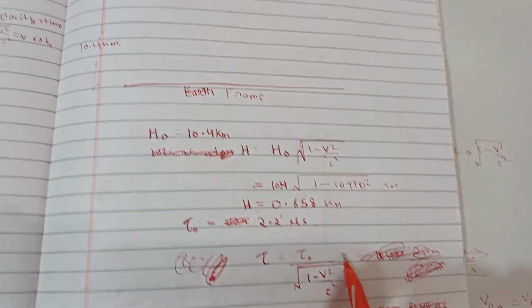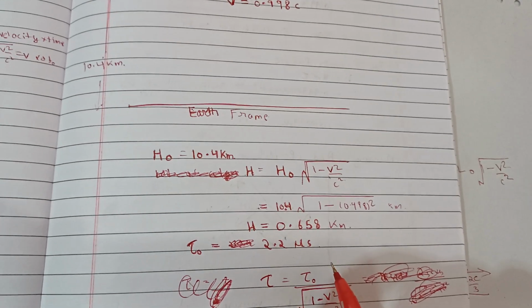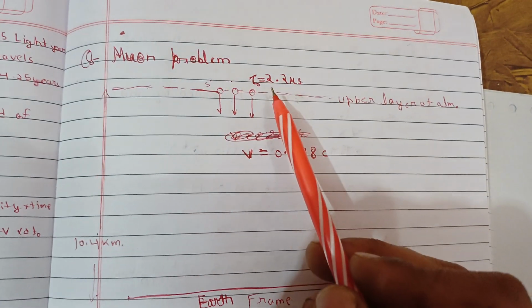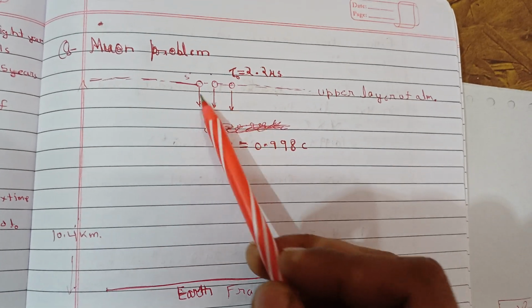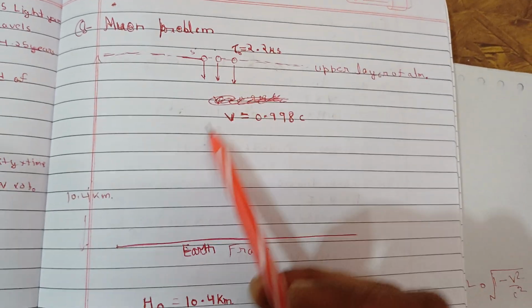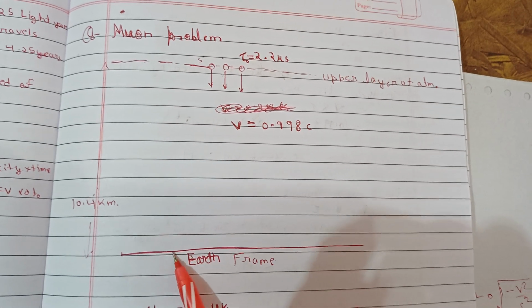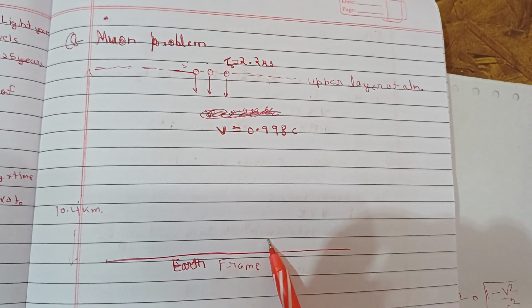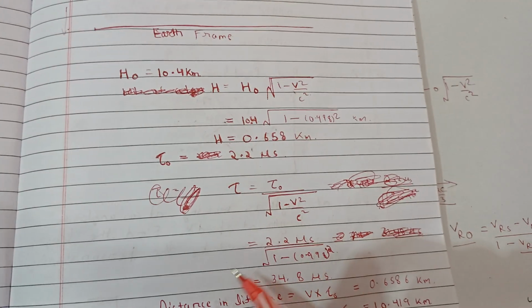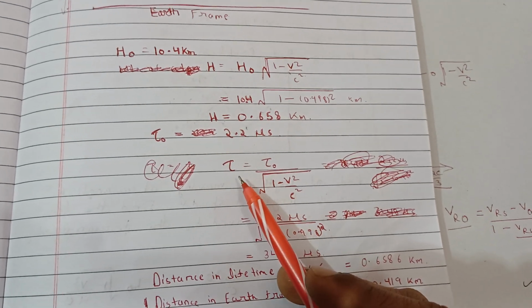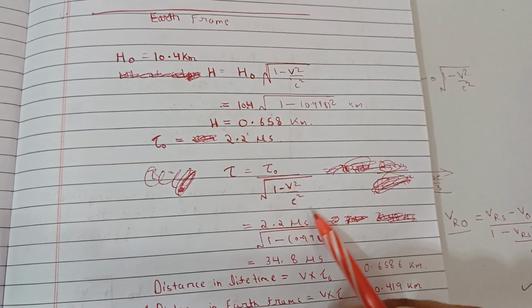We can check it from here, or we have one more way. It is given that the lifetime is 2.2 microseconds in the muon's frame, so we can calculate the time in the earth frame also, and that time is given by t equals t naught divided by root 1 minus v square by c square.